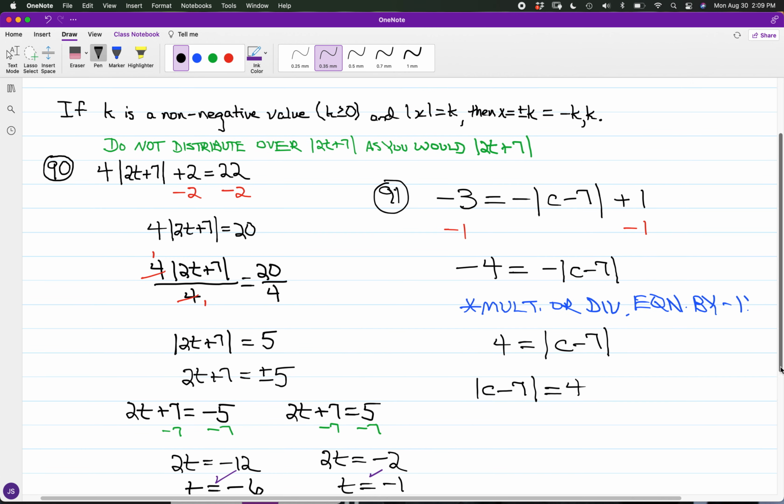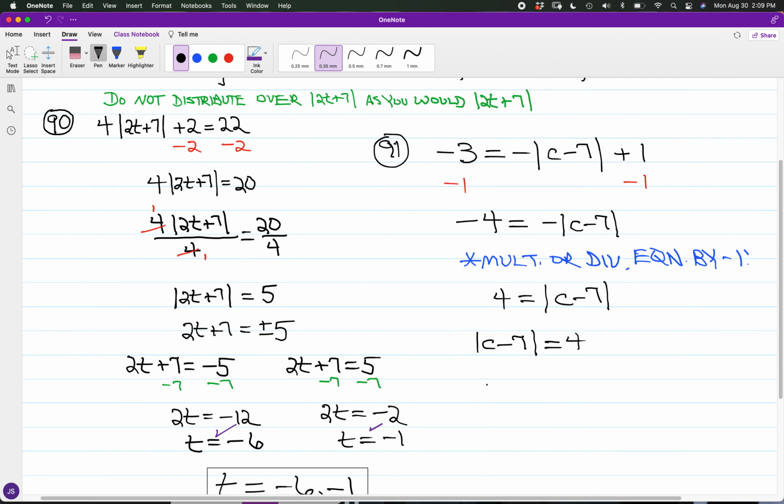We had the absolute value of x represented by the absolute value of c minus 7, and k is 4, which is non-negative. And so freeing up c minus 7 by removing the absolute value bars, we have c minus 7 equal to the amounts that are 4 units away from 0. So we have equal to plus or minus 4.